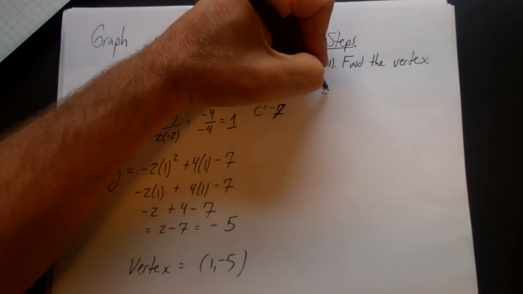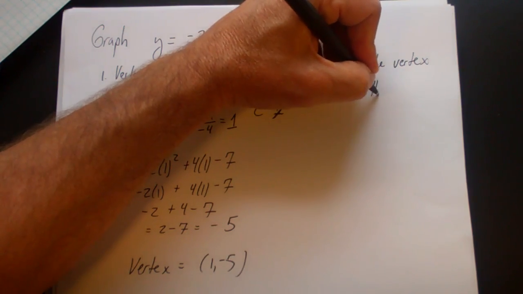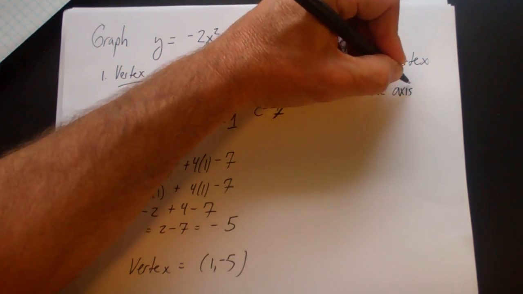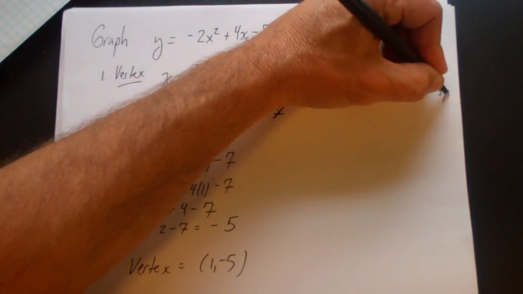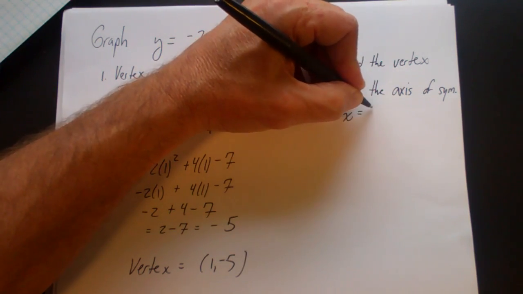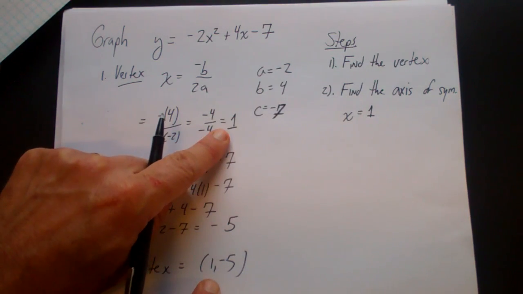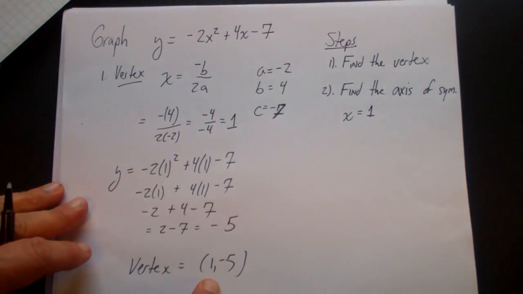The second step is to find the axis of symmetry. And I'm just going to abbreviate that. The axis of symmetry is a vertical line, and it's just going to be x is equal to 1. So it's x is equal to whatever the x value of the vertex is. And that's all you do there.